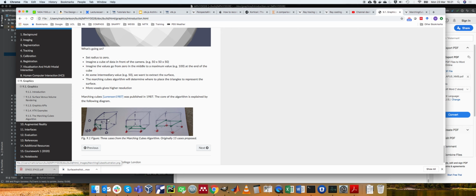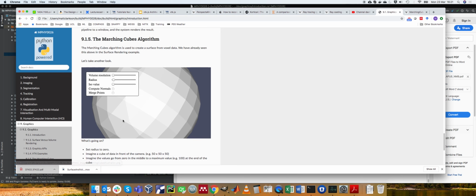But from the perspective of this computer-aided surgery course, essentially all you need to know is that there are many cases that determine where you place your triangle, but the marching cubes algorithm is a deterministic way of filtering through your data and outputting triangles at each voxel where necessary. The rest is pure optimization and performance enhancements.